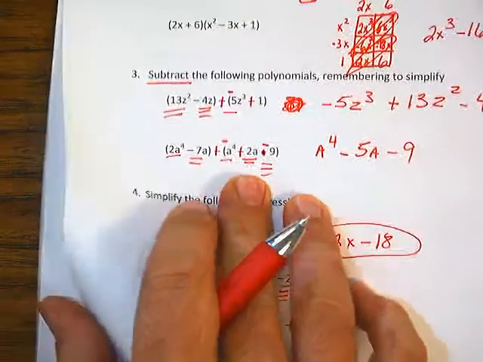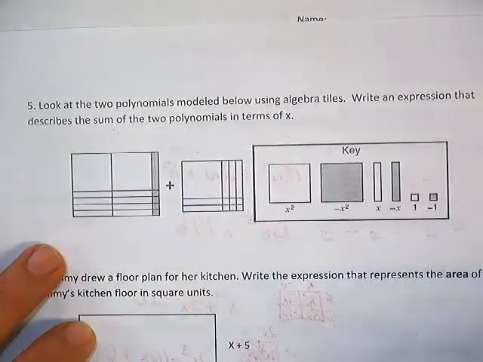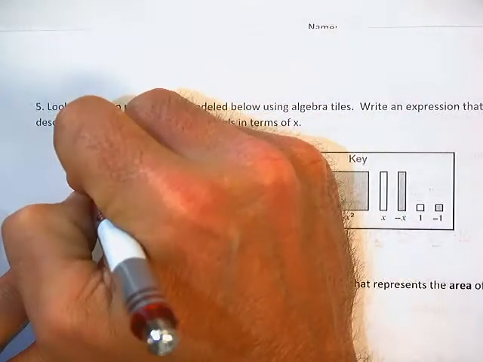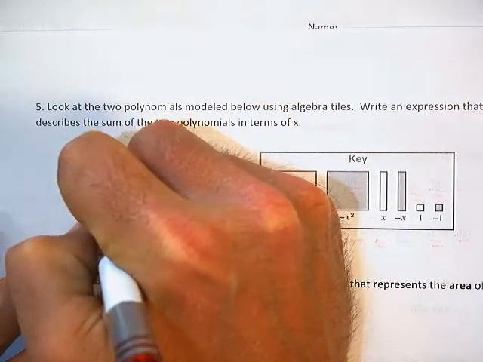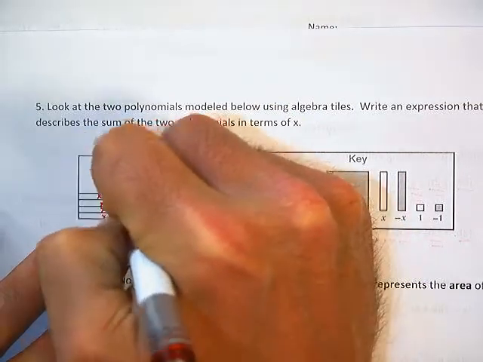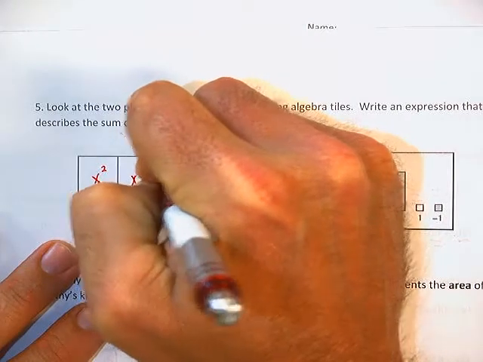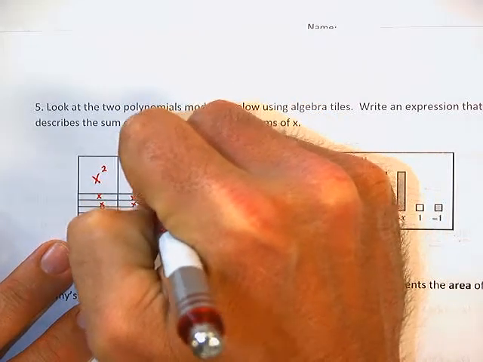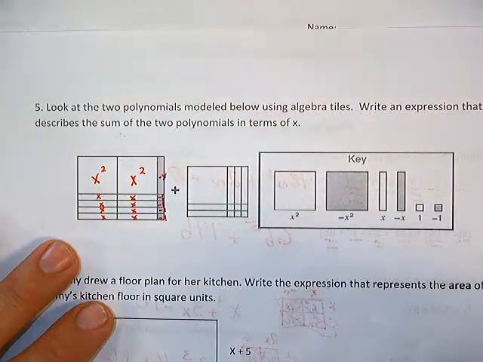Okay, number 5. We have algebra tiles that give us a key. So if you want to, you could go x squared, we have x, then we have negative x, negative 1, negative 1, negative 1, negative 1.